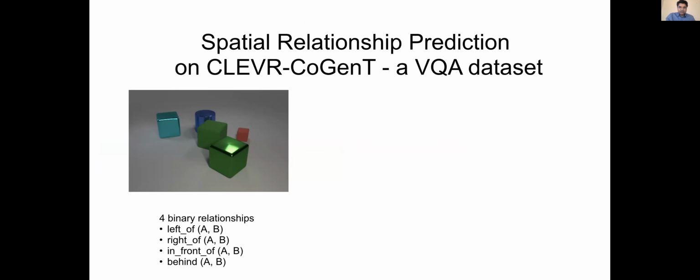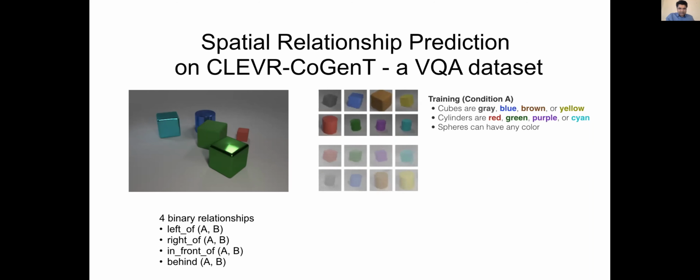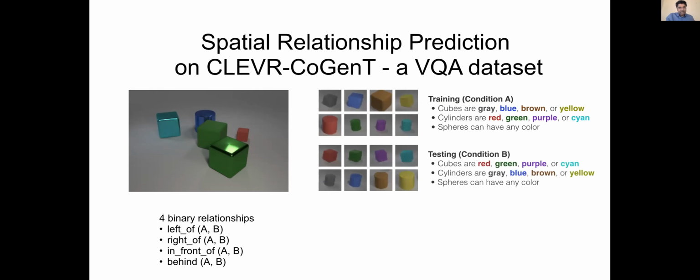The reason we chose this dataset is it has 2 splits where, for example, the objects are not repeated, they are exclusive in terms of the split. For example, if you look at the red cylinder, you don't see it in condition B, but you see it in condition A, whereas in condition B, you see a red cube.